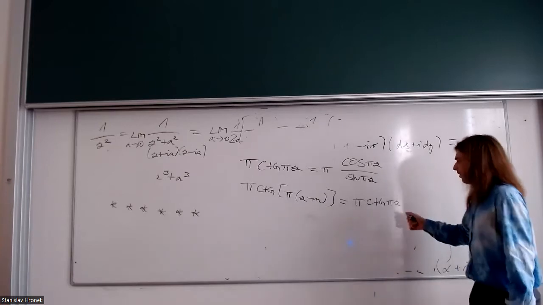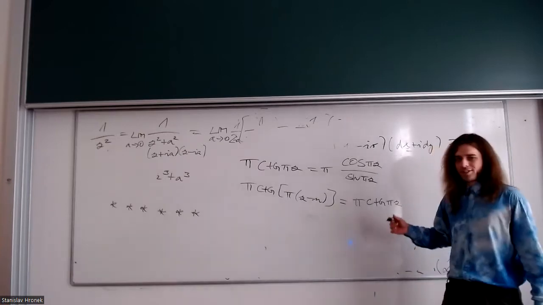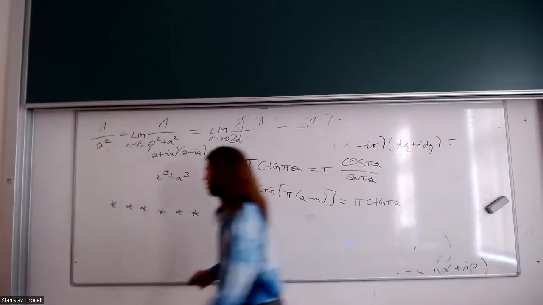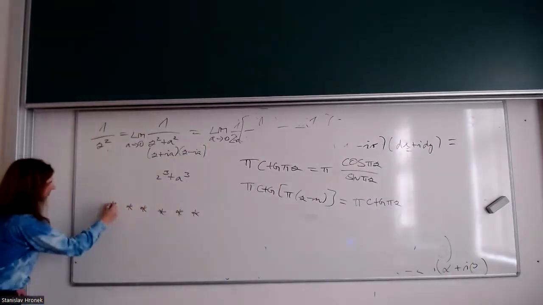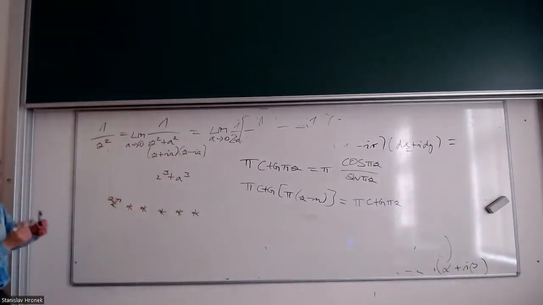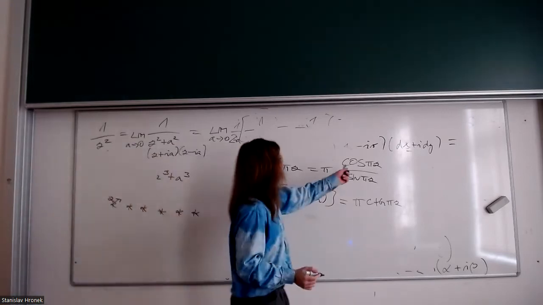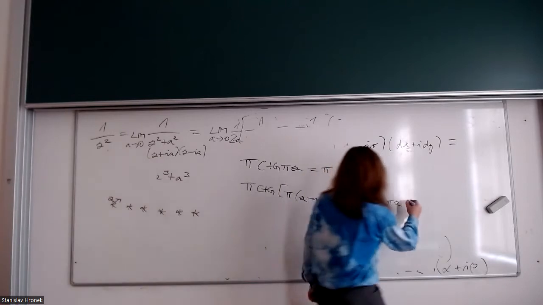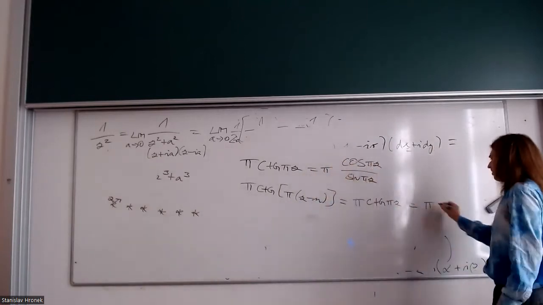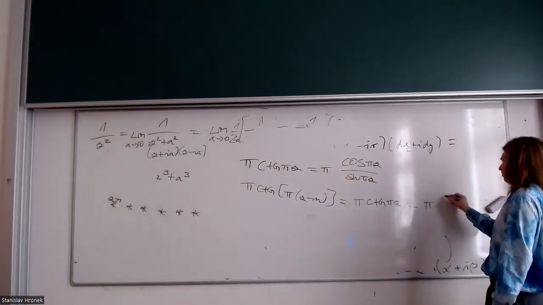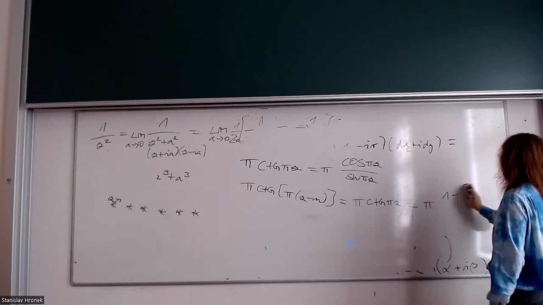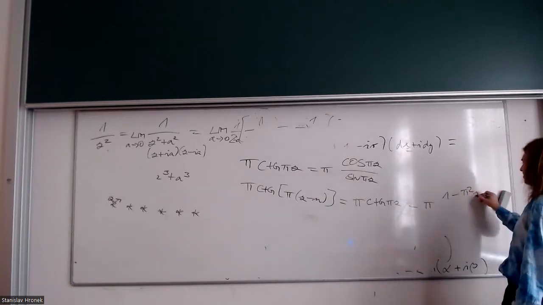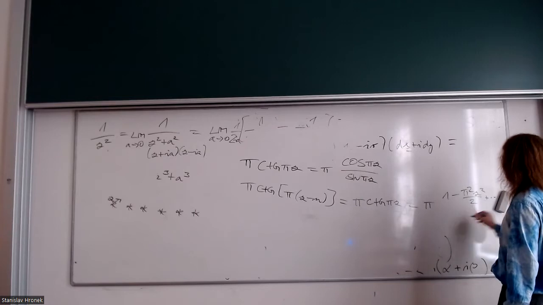And now, if the z is very small, it's just some small displacement from one of those poles, I just could write down the Taylor series for these two functions. So I would get pi, and here the cosine would give a 1, and then something, pi squared z squared over 2, and so on.